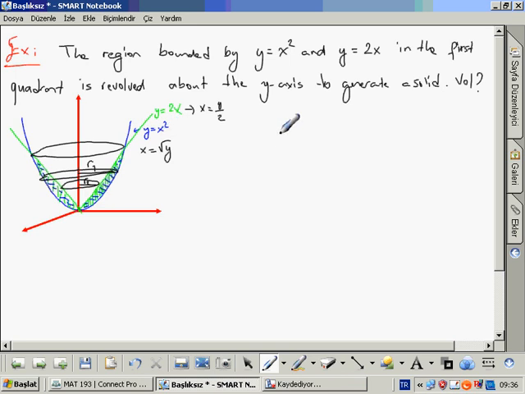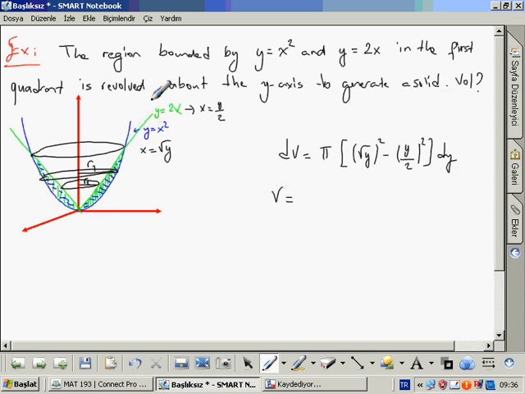And del V equals pi times the square root of y squared, which is the outer circle, minus the inner one, y over 2 squared, del y.